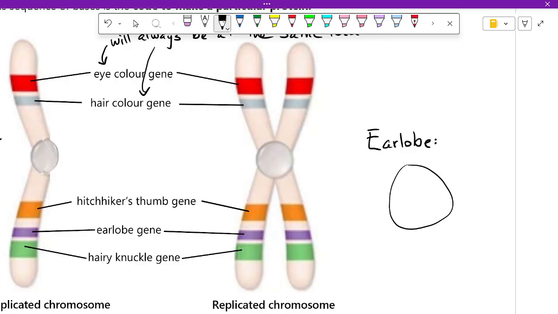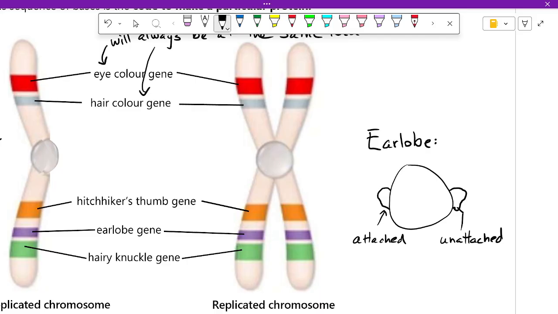If this is a person's head, you can either have an earlobe that is attached, or you can have it where it is unattached. So there's kind of like a little whoop, and you might not even know yourself.